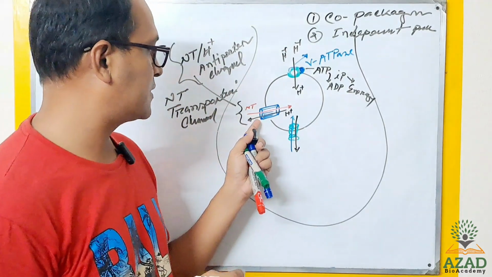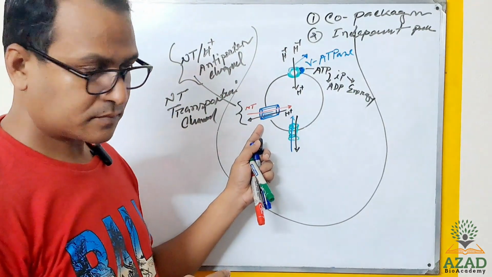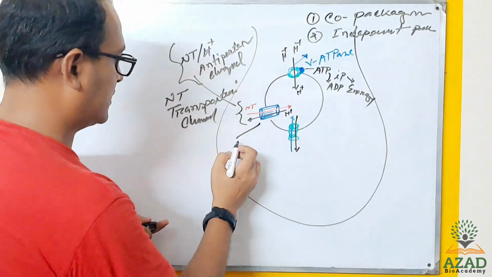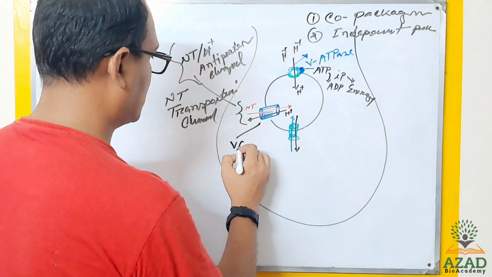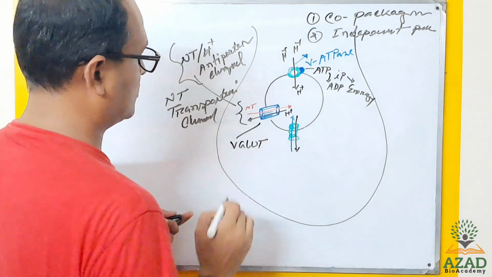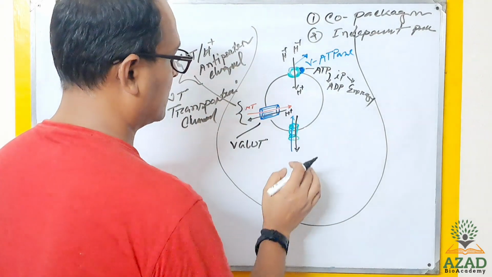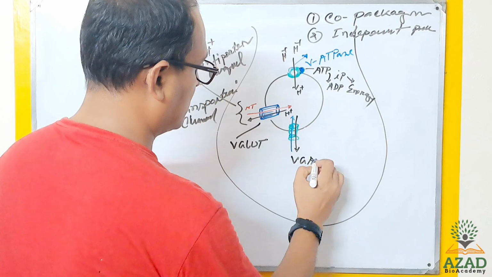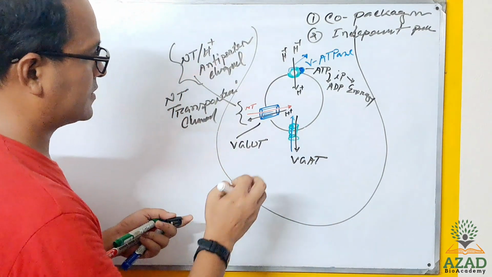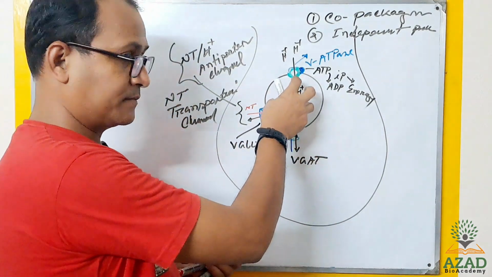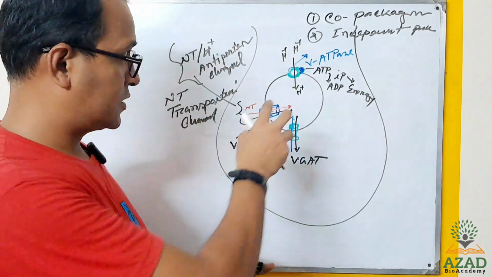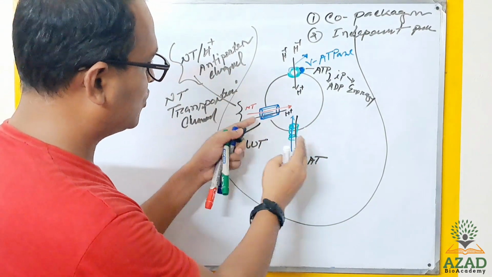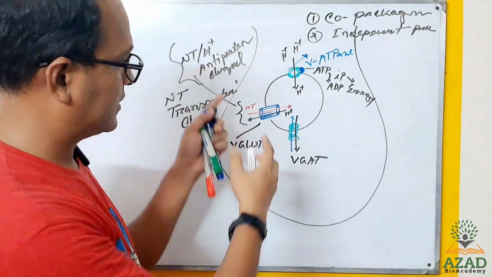Suppose this is the glutamate channel, so the name will be different. I will roughly mention here, a vesicular glutamate transporter channel. And if this is GABA, the name would be vesicular GABA transporter. That means a single vesicle can carry two types of neurotransmitter. So this is co-packaging, and it is basically done by two different transporter channels, with some exceptions.